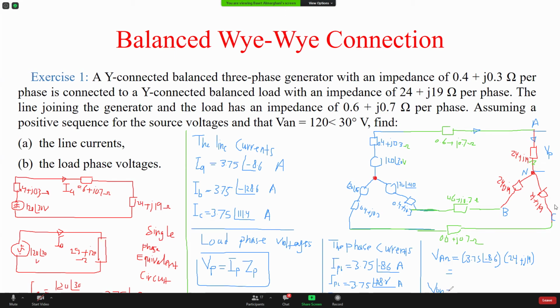How? The same magnitude, just change the angle. Can anyone do this in their calculator, these numbers?